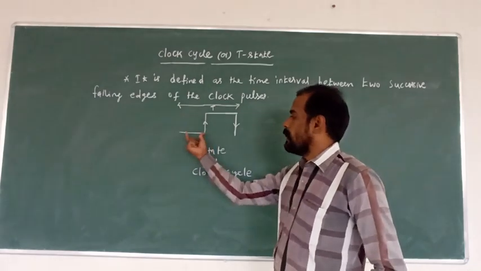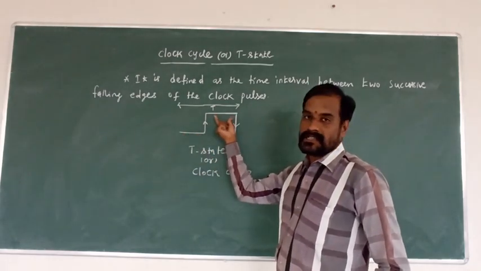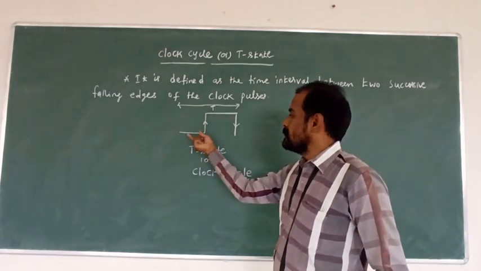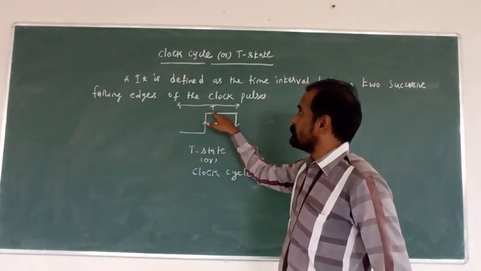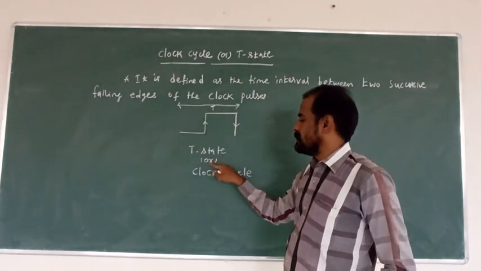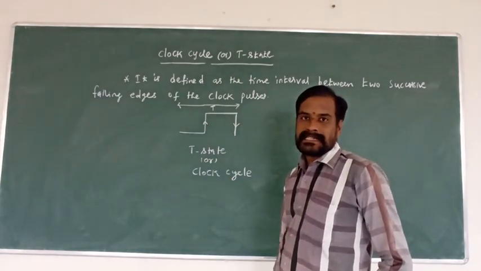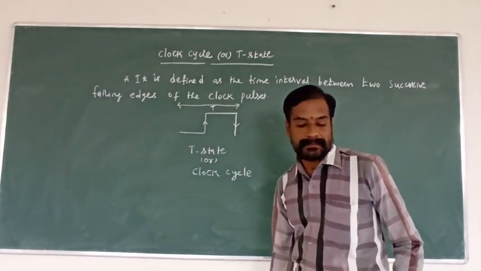One off state and one on state: these two represent one T state or clock cycle.